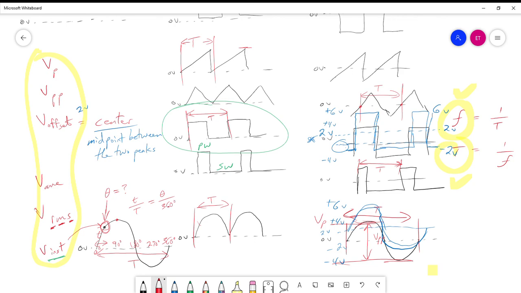So that's a little formula that we'll use over and over again, because your scope can't measure degrees, but it can certainly measure time with vertical cursors. Do you see that? I can get my vertical cursors out here and measure this time t.